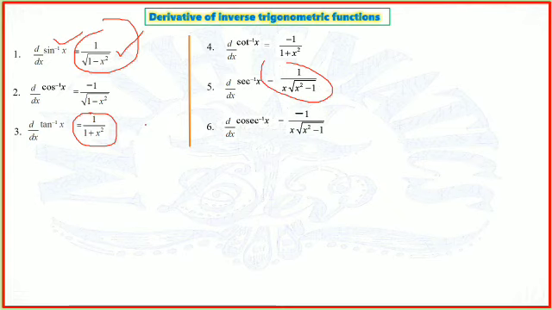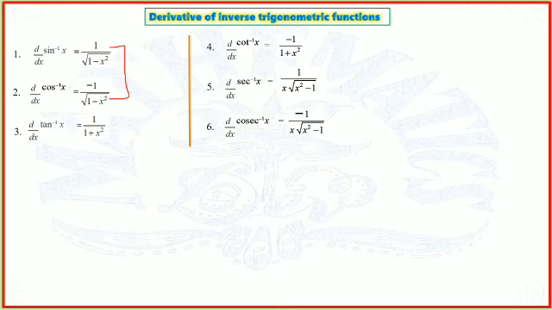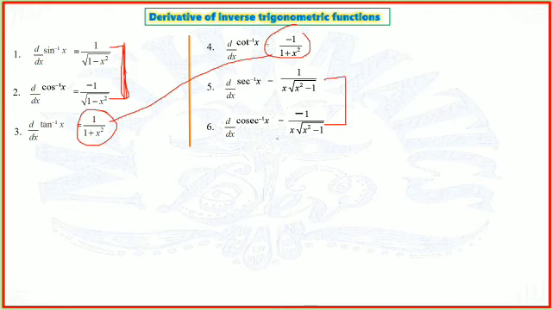So now look at here, we have pairs of things. The values are almost similar, the only difference is the negative sign. The cos is negative, the tan here we have positive value, here we have negative times the same thing. These two are same, and these two are same, minus times this one.